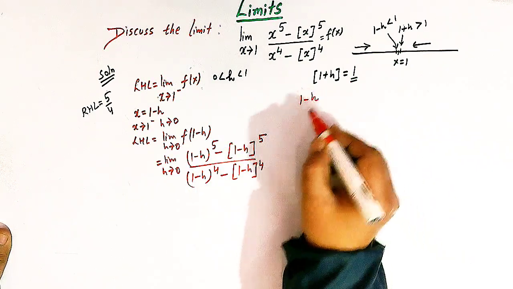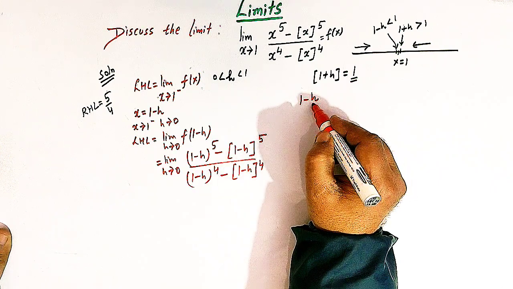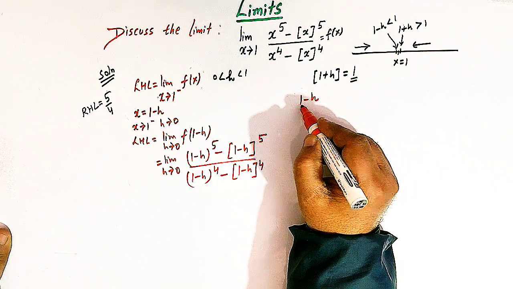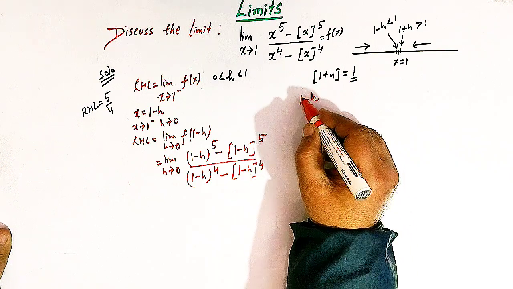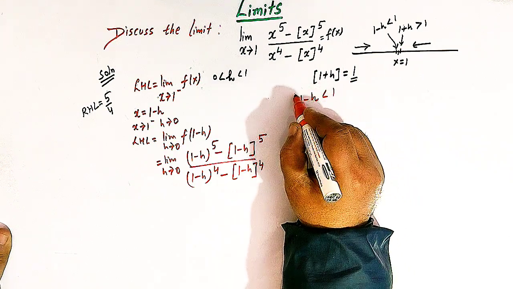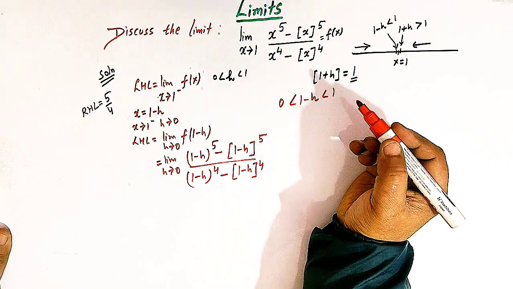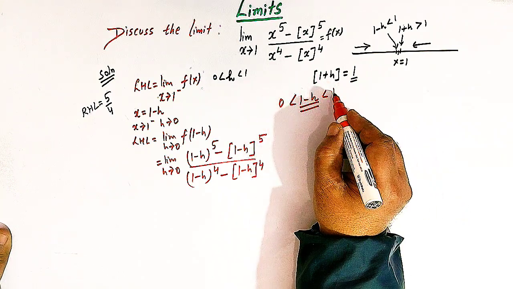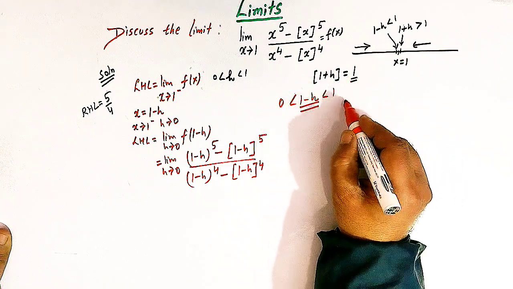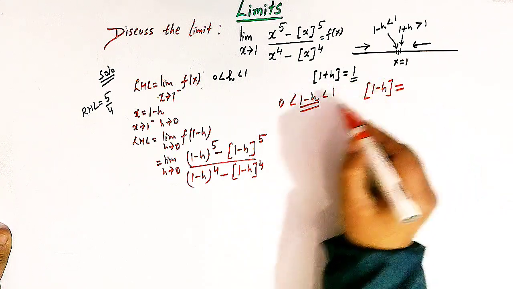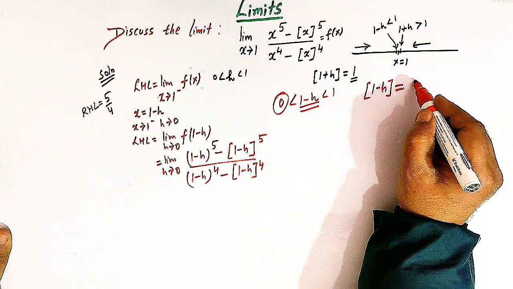So this quantity 1 minus h, because h is a positive quantity, right? And when we subtract h from 1, then this number is slightly less than 1, but it is greater than 0, right? Okay, so 1 minus h lies between 0 and 1, and the greatest integer of 1 minus h is equal to 0, right?